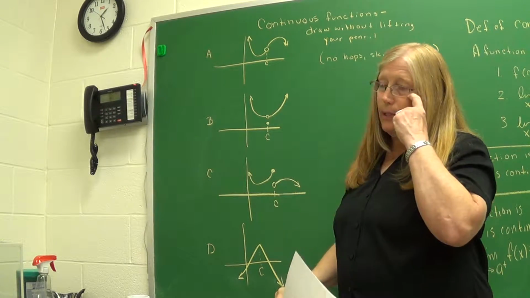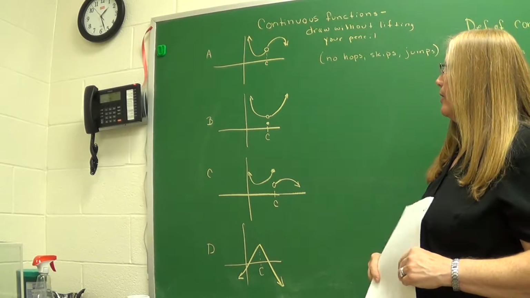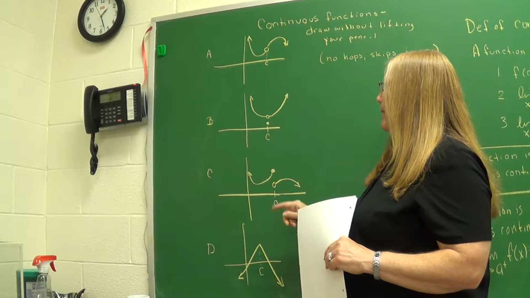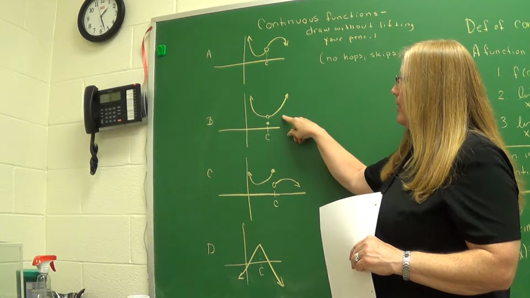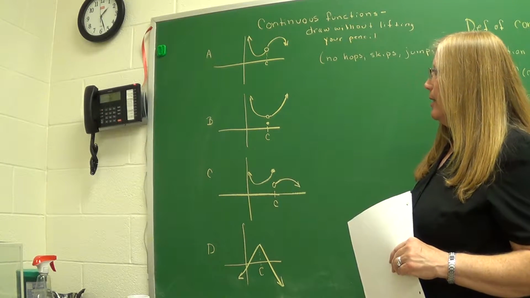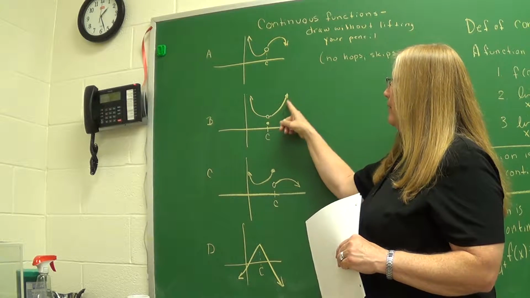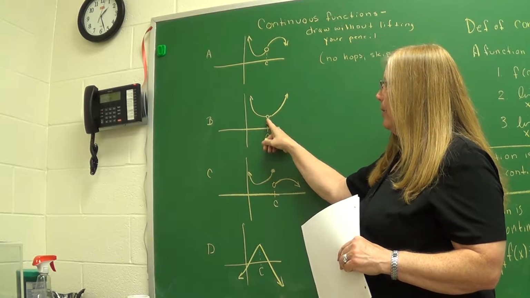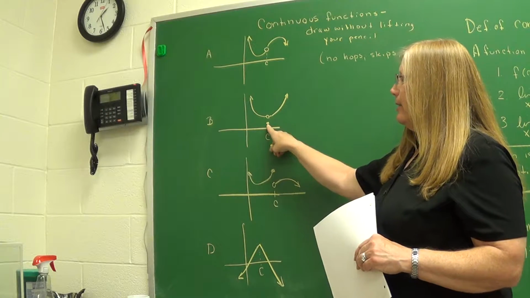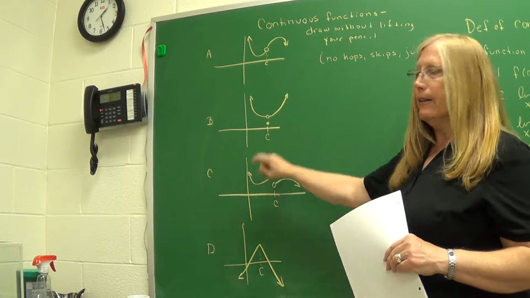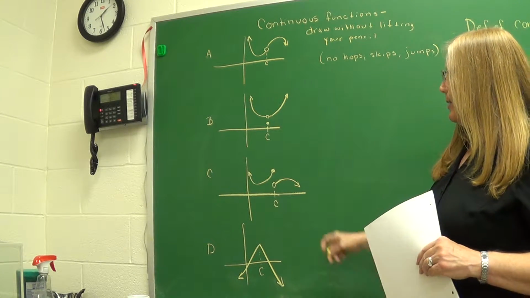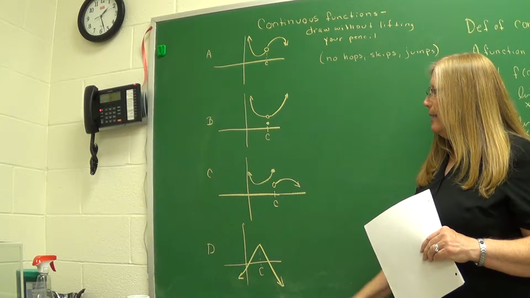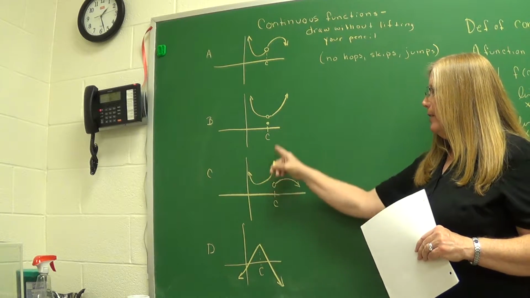These words are just common terms, they're not mathematical for now. So this one is an example of non-continuous. It comes down following a pattern, but then it has a hole and it jumps down and has a value off of that pattern. Non-continuous. This one at point C, we can see there is a definite jump.